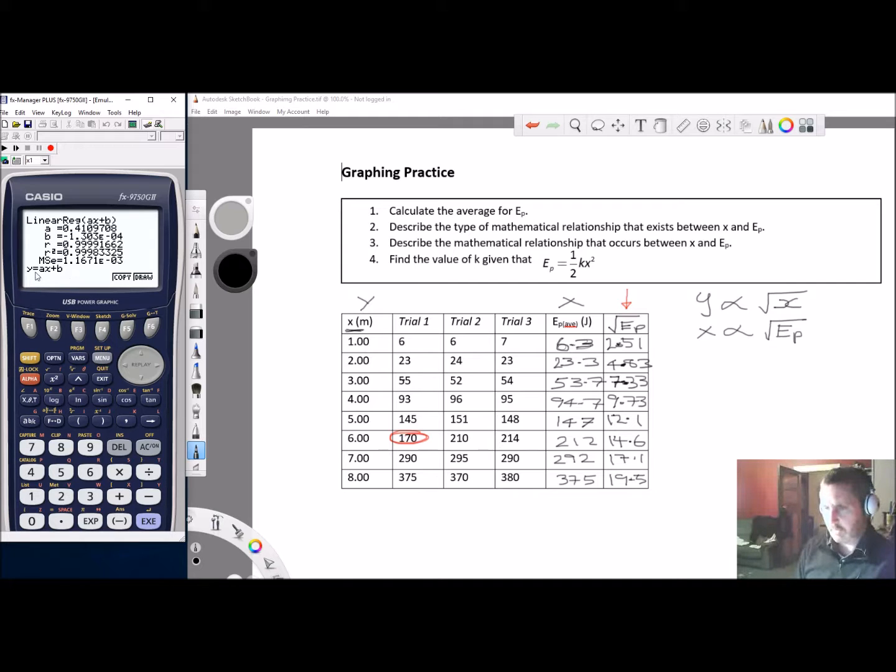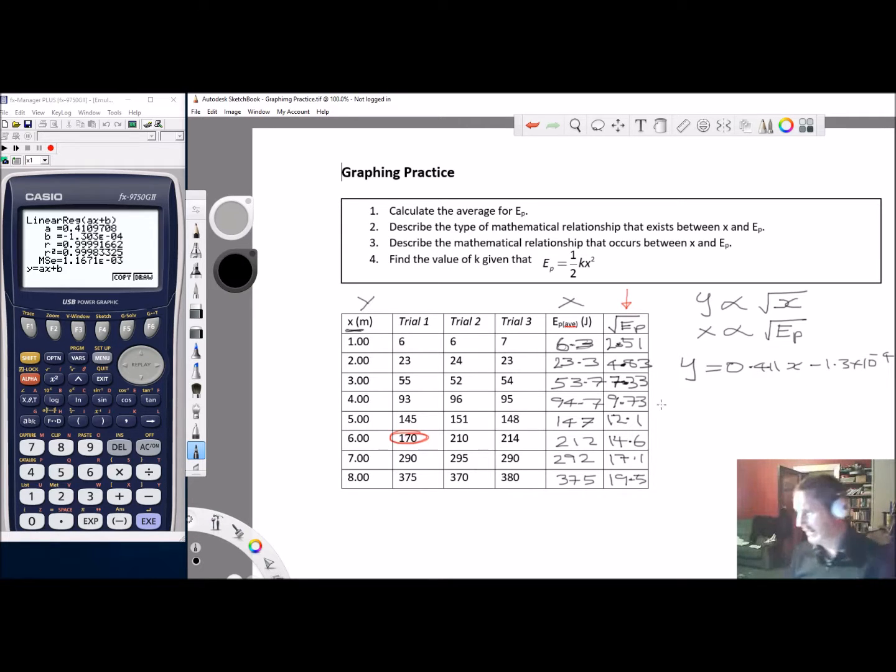and we've got the values in the form of a graph equation here, where y, so let's write this down, y equals a value of 0.411, 0.411, x, which is x minus, because we have a negative value for b here, 1.3 times 10 to the negative 4.